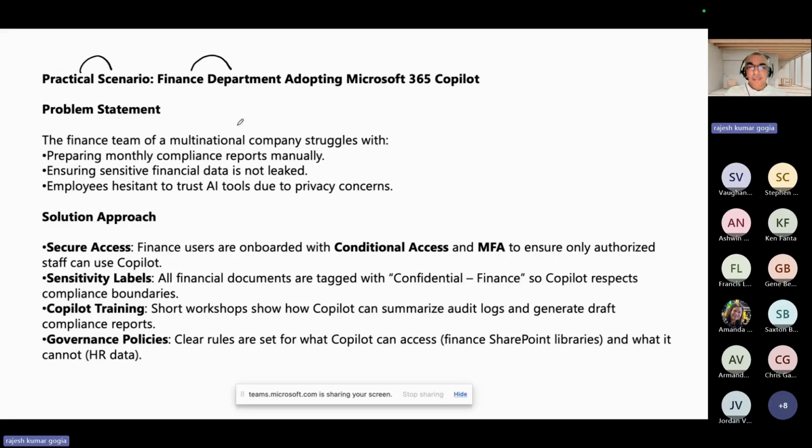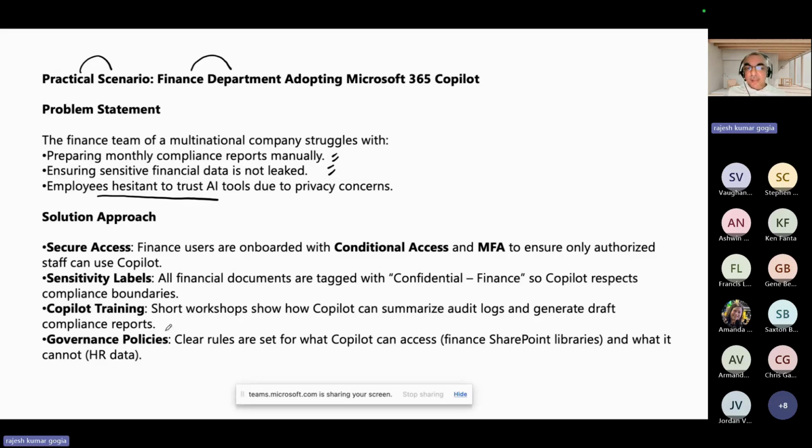There are so many departments, and every department is very eager to adopt Microsoft 365 Copilot. So what struggles are they facing? Preparing the reports manually, ensuring the financial data is not leaked, or most importantly, employees hesitant to trust the AI tools.